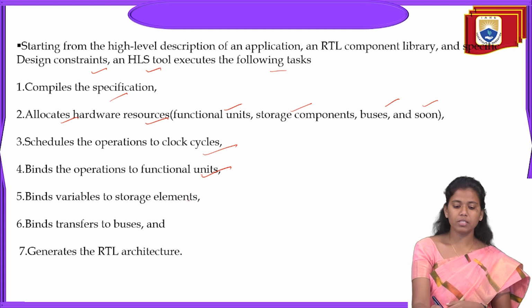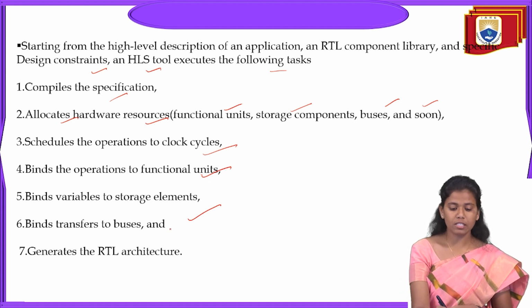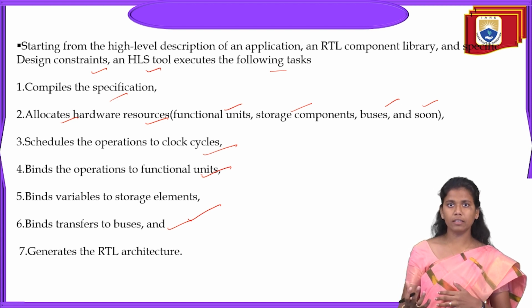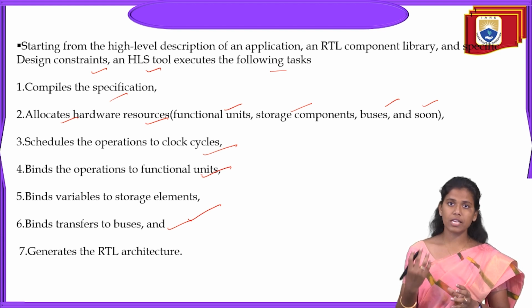The fifth step is binding the variables to the storage elements: whatever storage devices you are considering, you have to bind them. And the sixth step is binding transfers to buses, in order to transfer the data from one bus to another, or among the different modules.